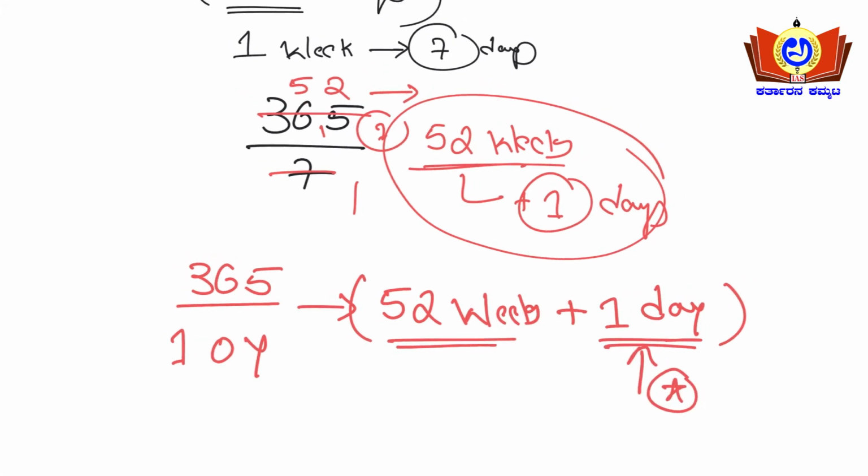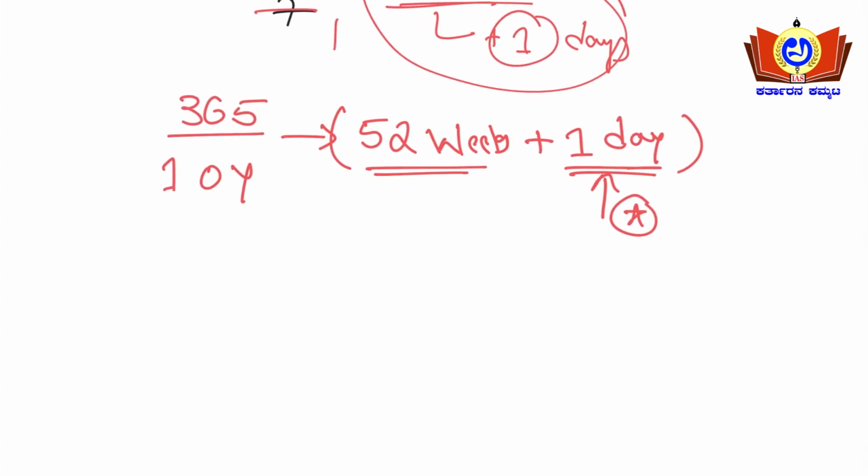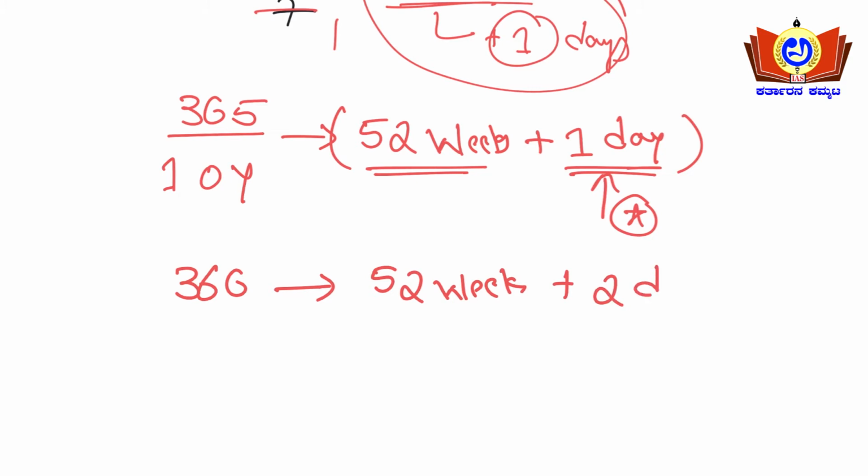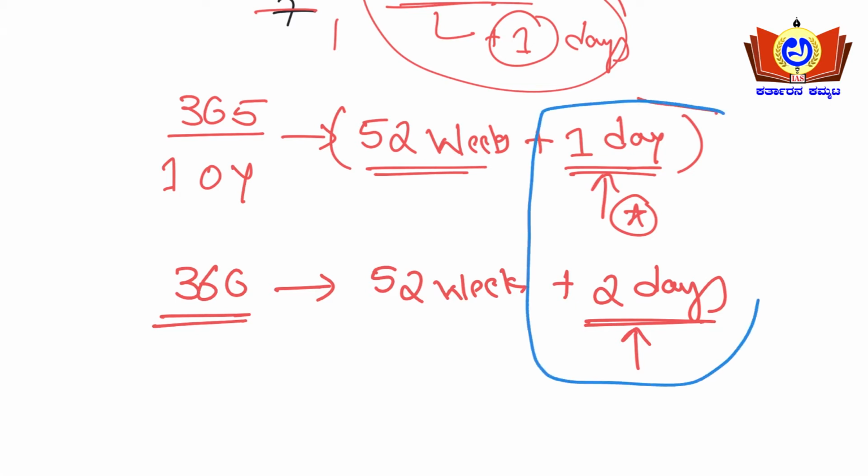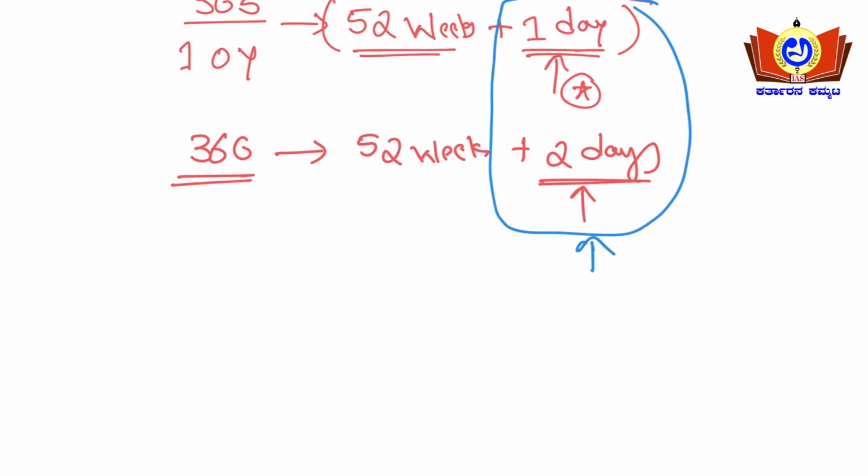If a particular year is a leap year, then what happens? Similarly, 366 days will be there, so 52 weeks plus 2 days, because one day has been added due to the leap year. But these days, we'll be taking them as odd days.